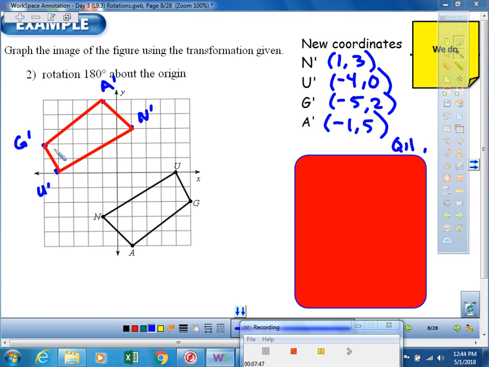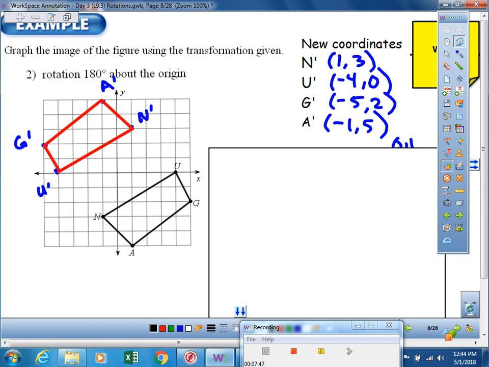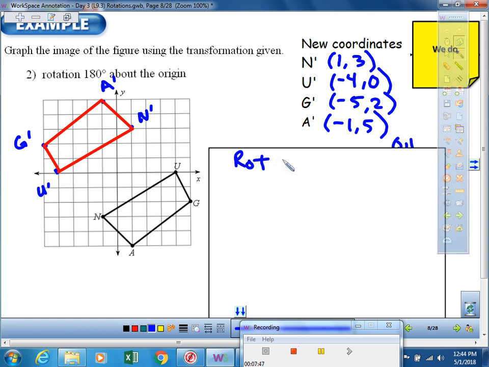Now, okay, so let's look at the properties of rotations. So write down, and you might want to write this on the back, rotations. Now, translation was a slide, and reflection was a flip. So what is a rotation? A turn, okay?